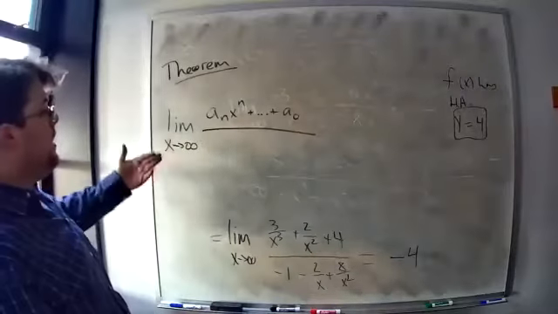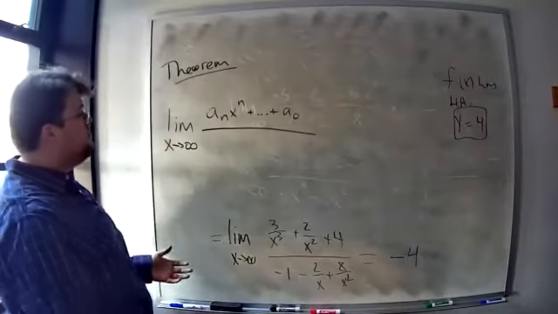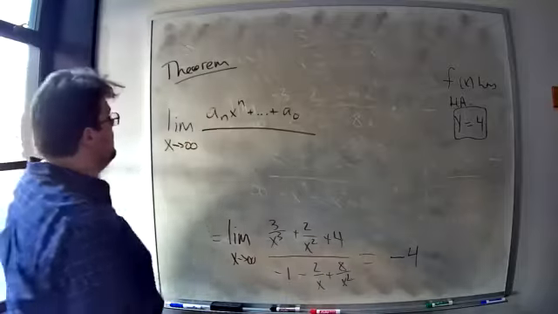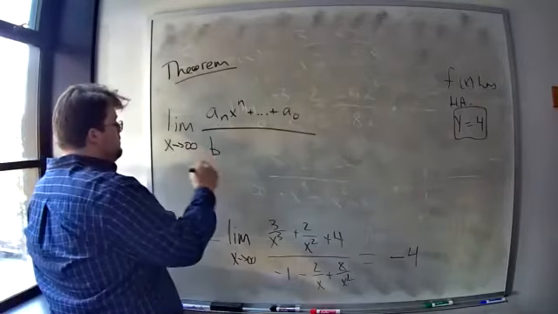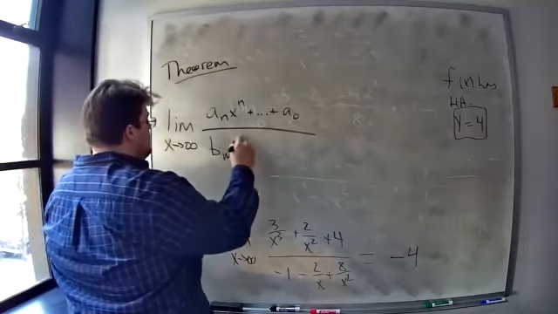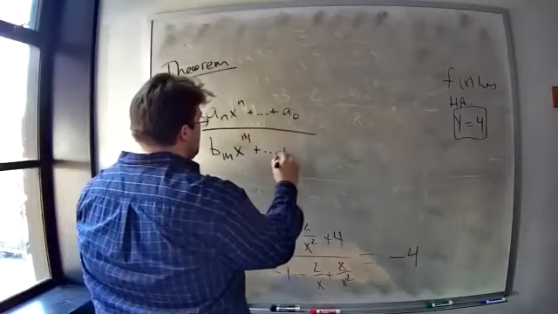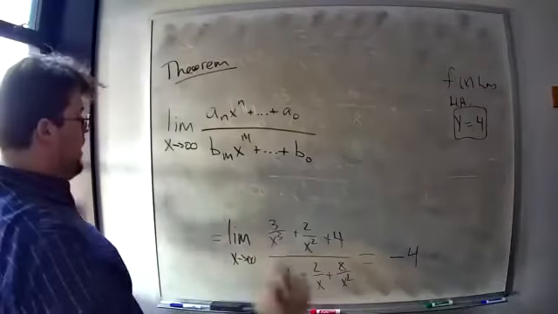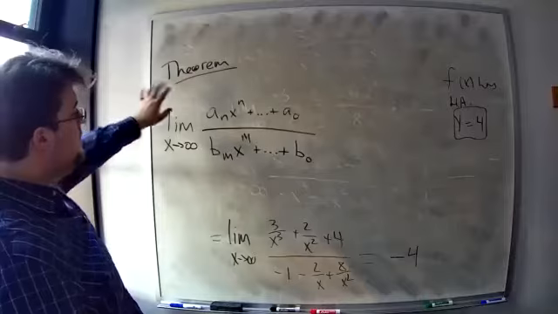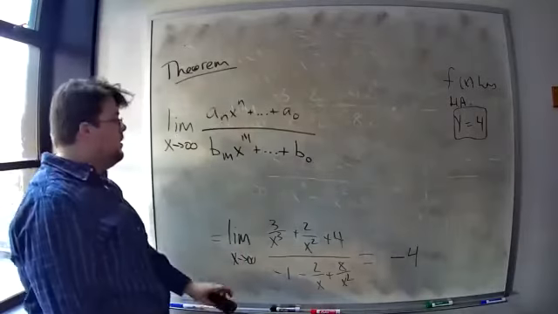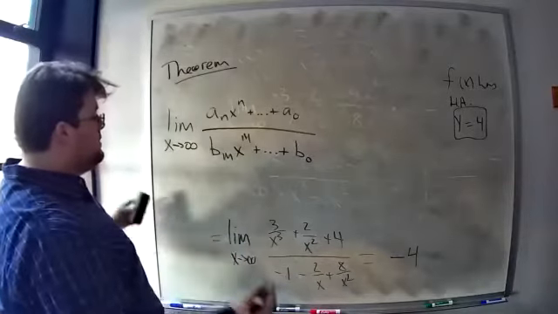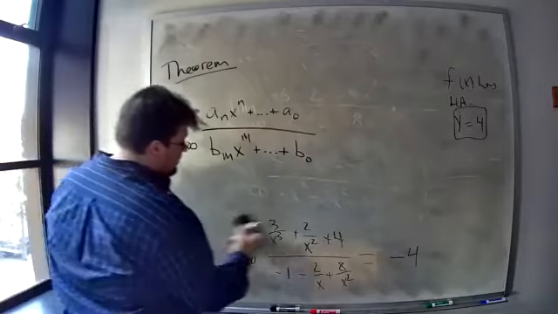So a polynomial of degree n has largest exponent x to the n, and there could be a coefficient on it. So what we're going to do is look at the limit of this rational function, this polynomial with degree n over this polynomial with degree m. Degree, remember, is the largest exponent in the polynomial.